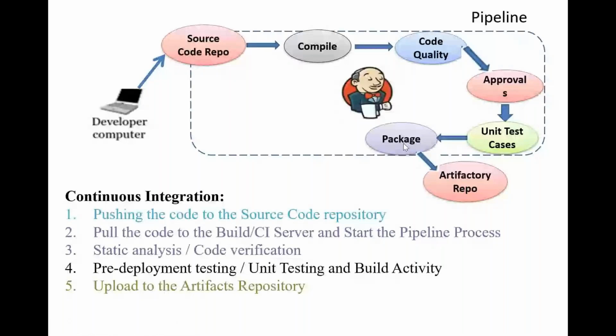But these packaged files we don't keep on the build servers, so we need to upload them to the artifact repository. Here again we use another tool, that is Nexus. Nexus is another tool which we use in the process to store all the artifacts.